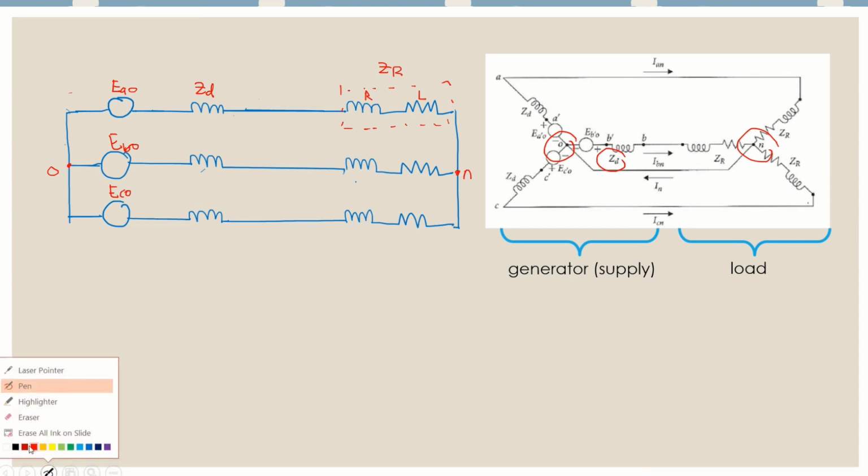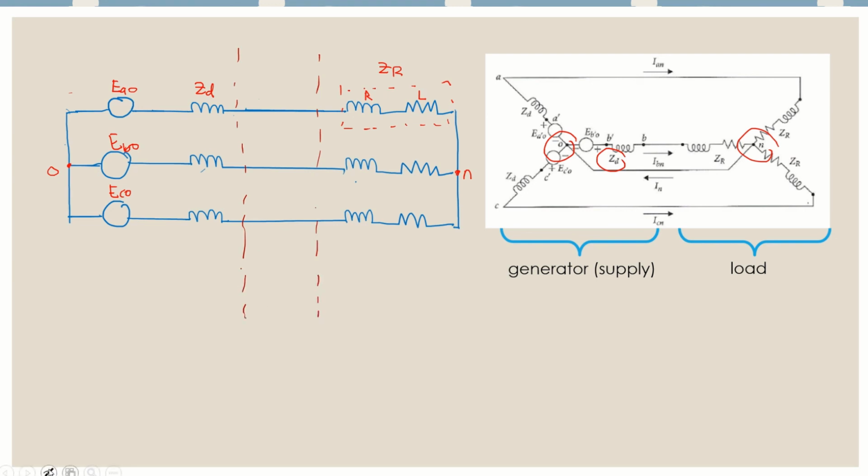What I'm going to do next is break this circuit into three parts. The first part I'm going to call generator, or supply. It can be called supply as well. Then this part I'm going to call transmission.